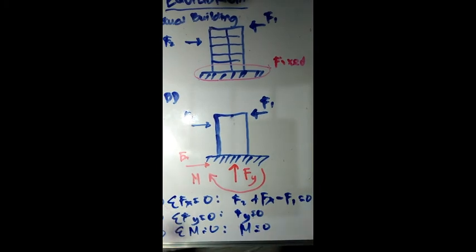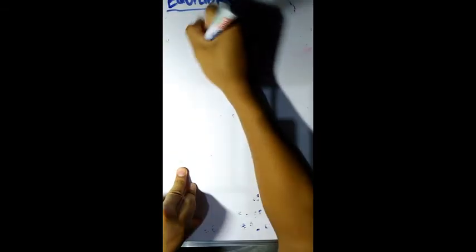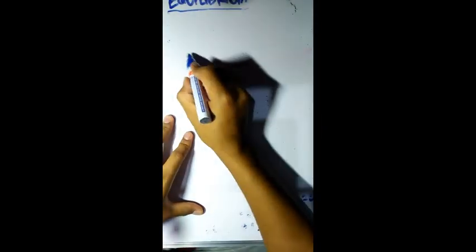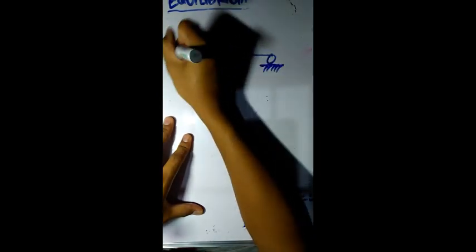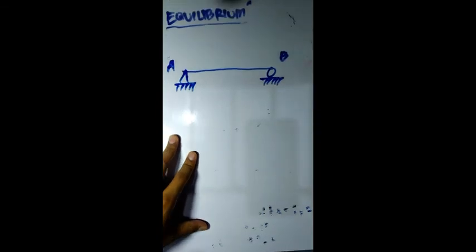So, next example, consider natin yung actual, ito. Let's consider this one. Let's consider this beam. Okay, simple beam. Point A at saka point B. Okay?